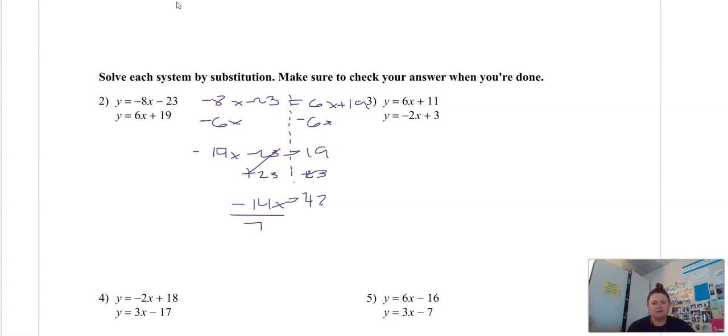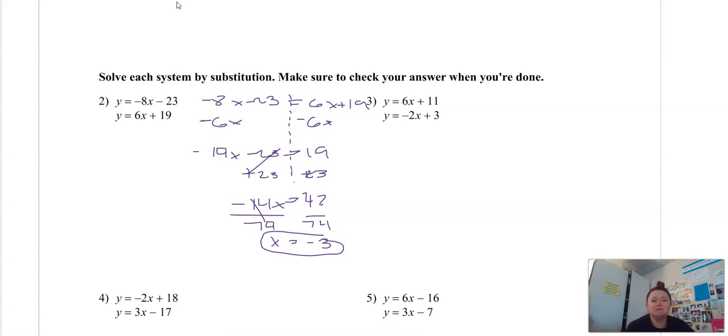Divide both sides by negative 14. x equals, that should be a negative 3, because positive divided by negative is negative. So x is negative 3.